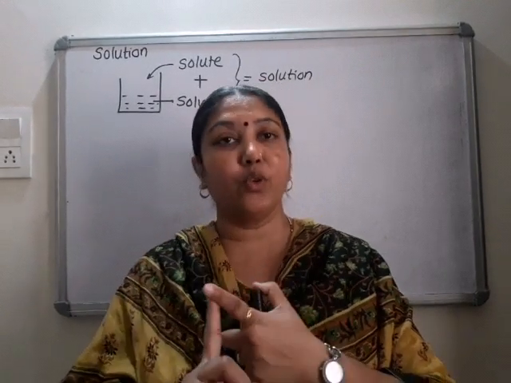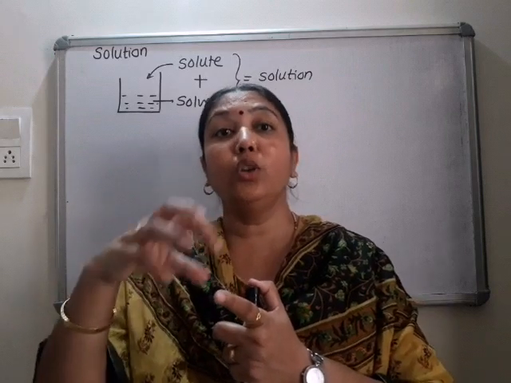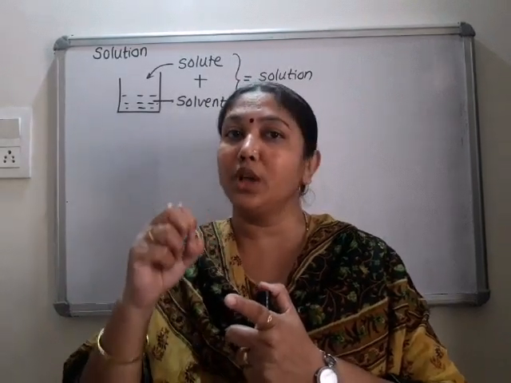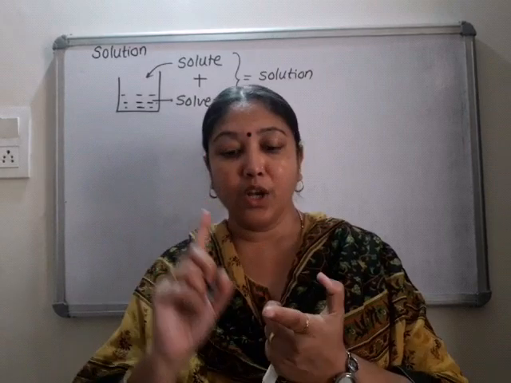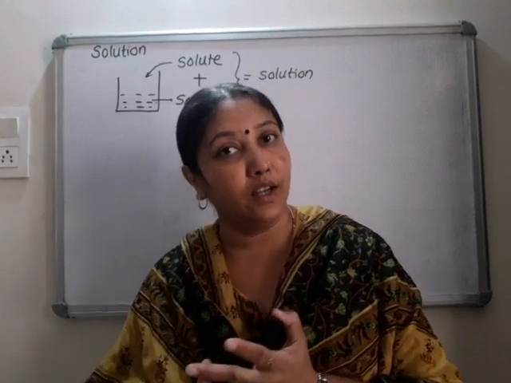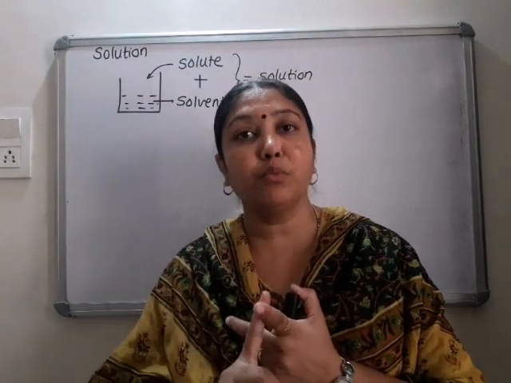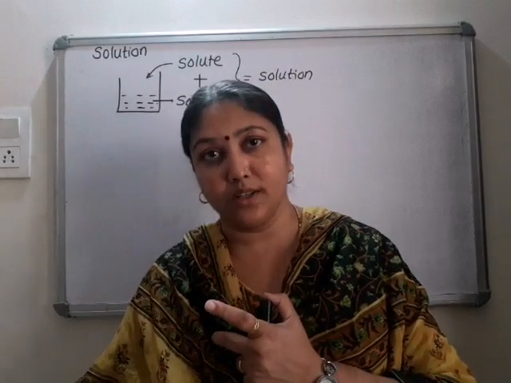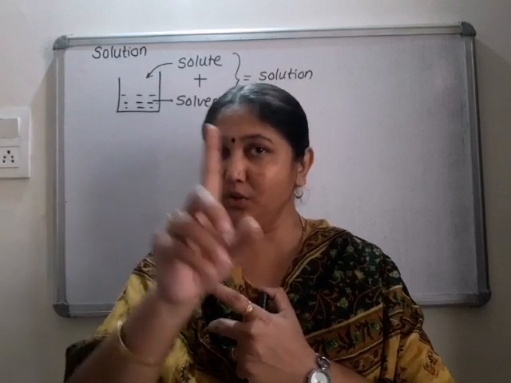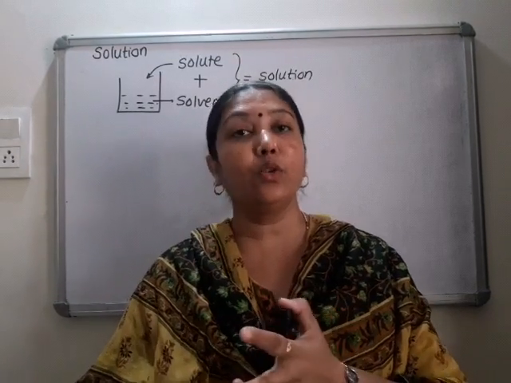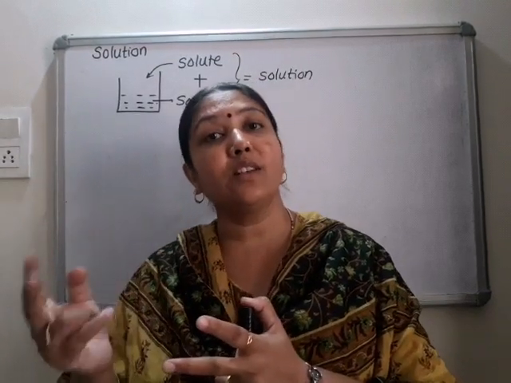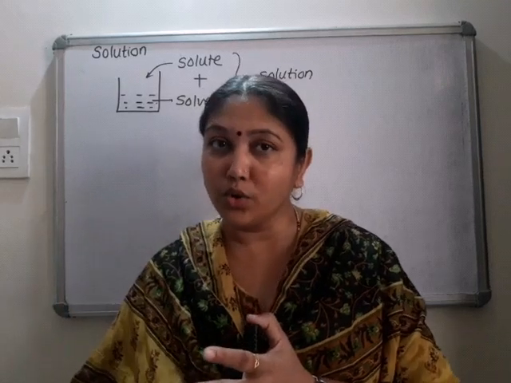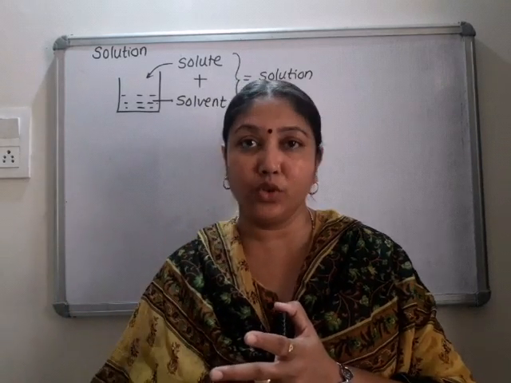So one type of solution depends upon uniformity of solute and solvent. Two types, homogeneous and heterogeneous. Homogeneous means uniform mixture of two or more substances. They behave like one substance, so that is homogeneous. And heterogeneous means two different phases are found in that solution.